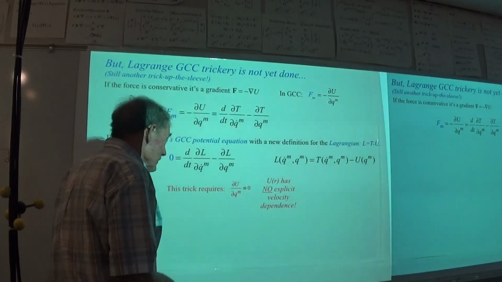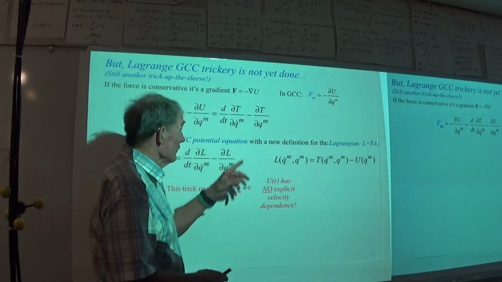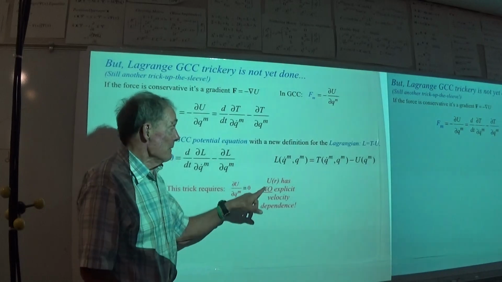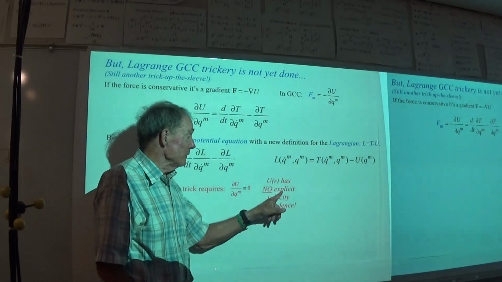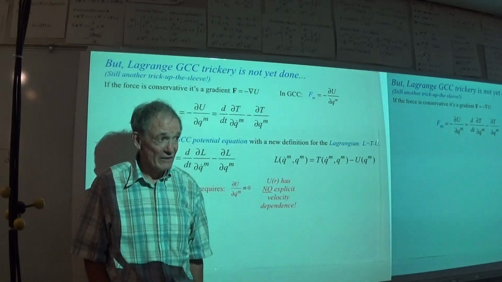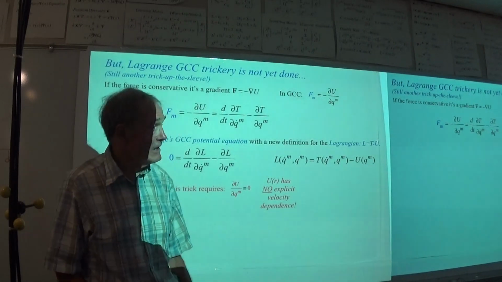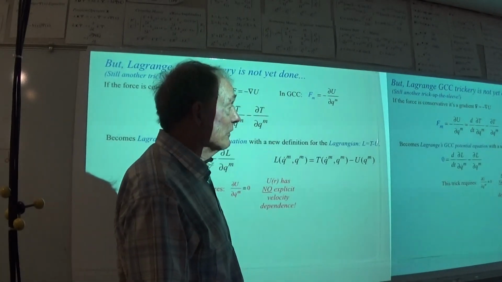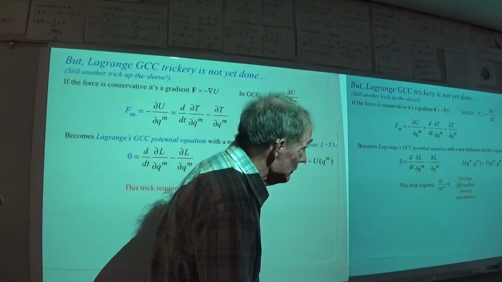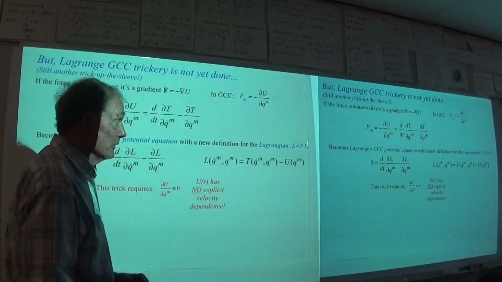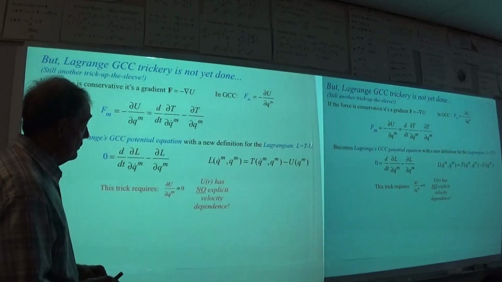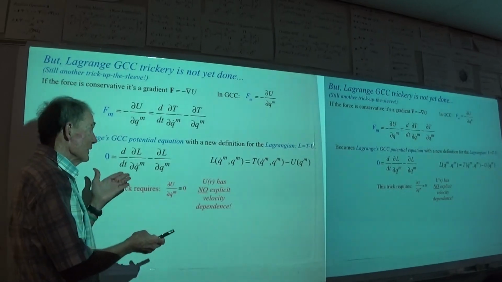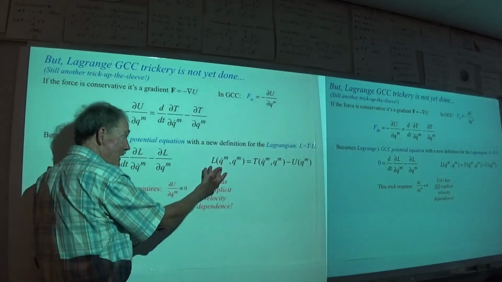And the reason the magnetic field takes extra work is that this U here must have no explicit velocity dependence. So this is some more footnotes, whereas fine print that has to go onto the thing that we call the usual Lagrange equation that involves the thing called the usual Lagrangian.